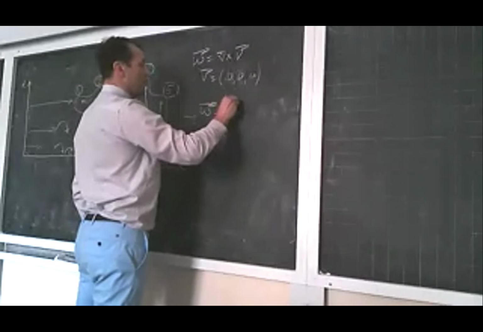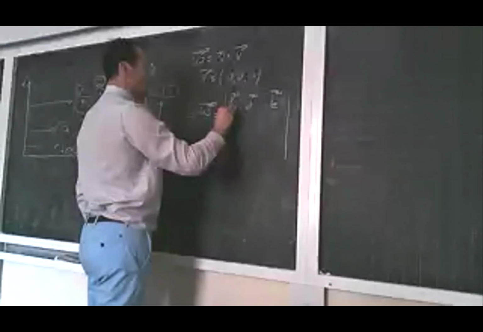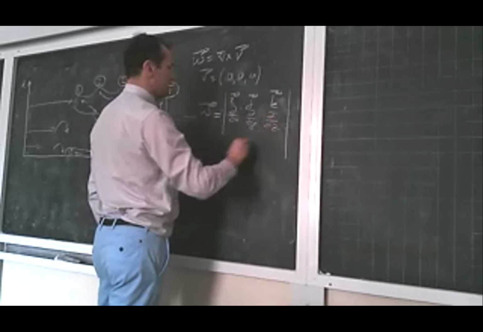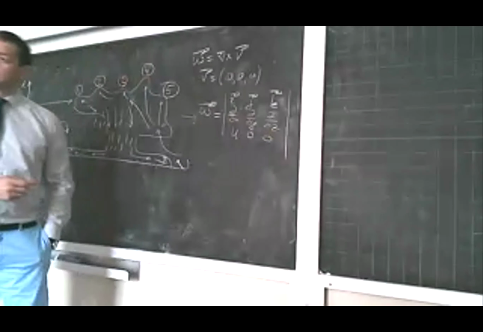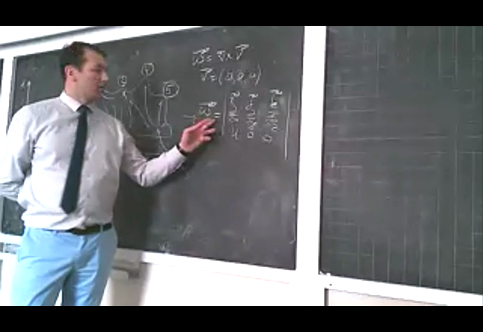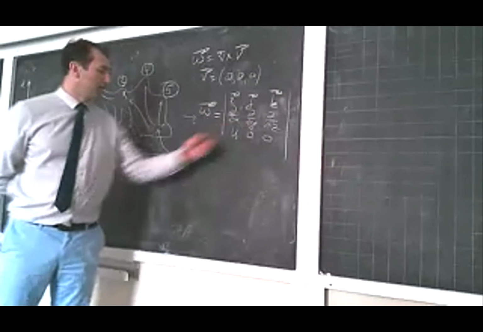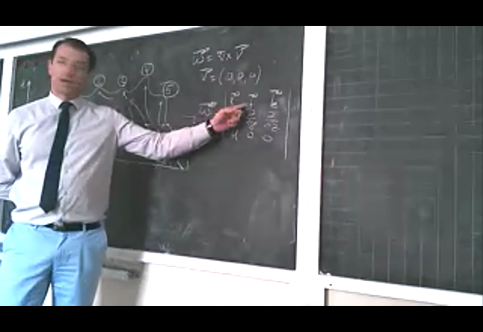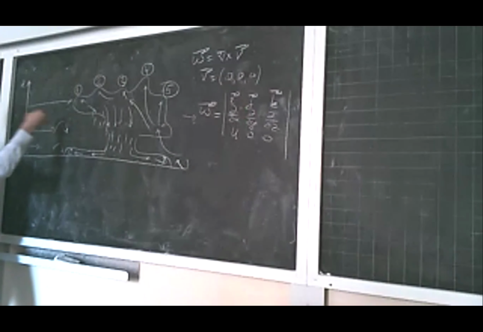Then you will get omega equals the determinant of I, J, K, del/del X, del/del Y, del/del Z, U, 0, 0. I mean, at the end of the day, this is a graduate level course, so I'm going a little bit fast in this, but if you now calculate omega, you will see del U/del Z survives, which means del U/del Z is causing vorticity. And it is causing vorticity in the J direction, which is direction into the blackboard, which you can see this is direction into the blackboard.